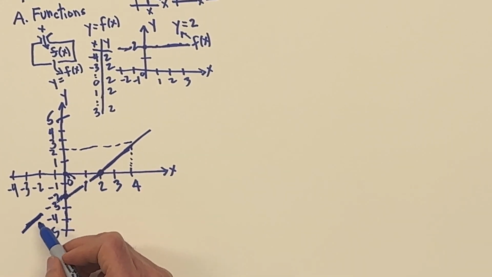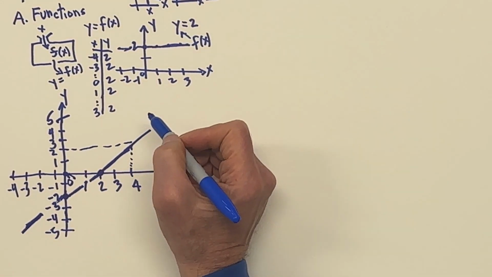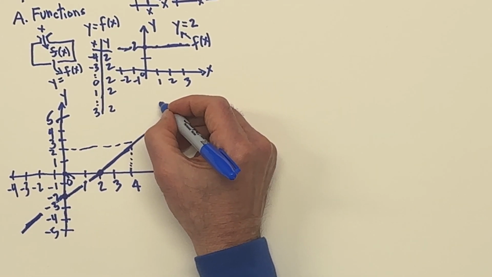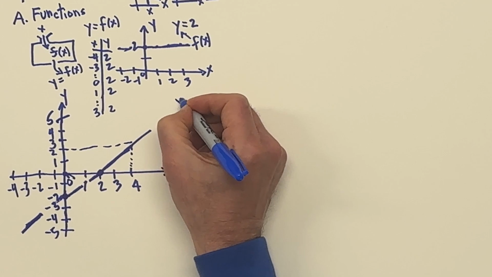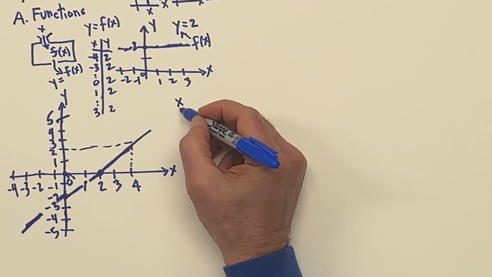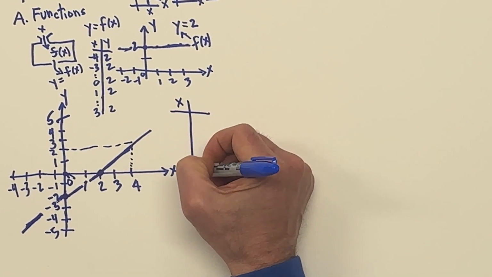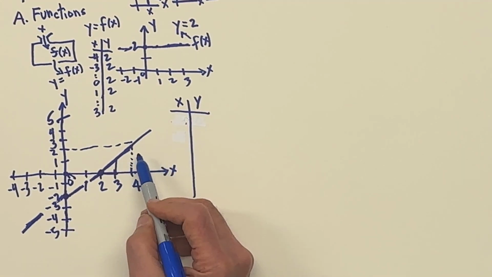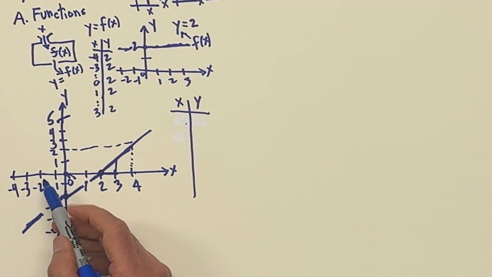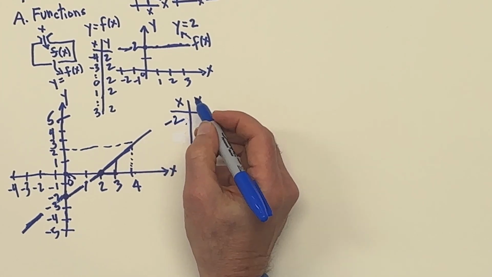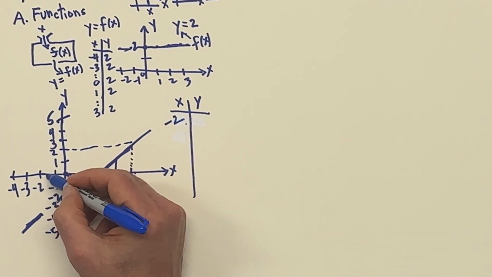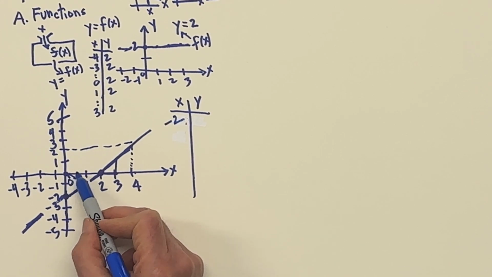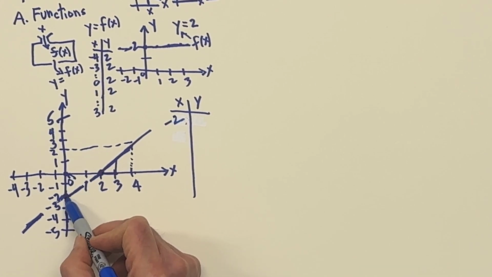So this function here, we can write down some values. We can write down here, for example, x and y. So looking at this graph, say we start at -2 for x. If x is -2, the way I've constructed this graph is that if I go out 2, I go up 2.